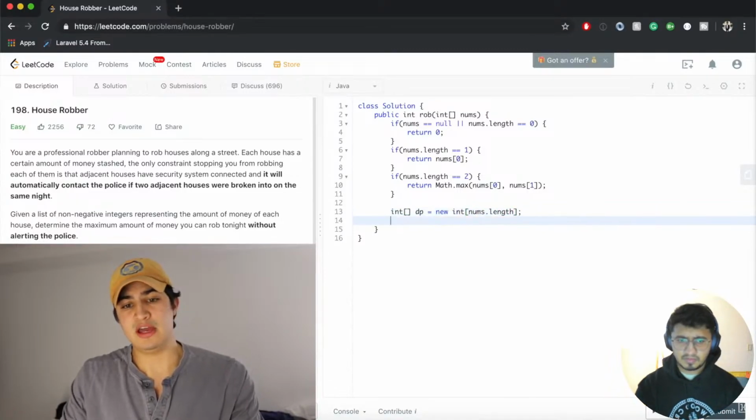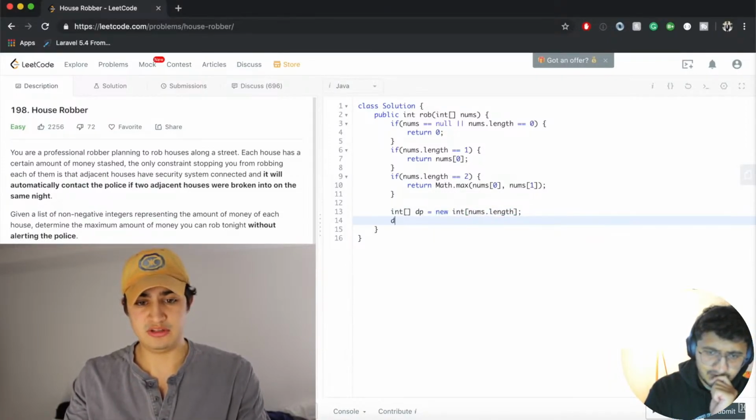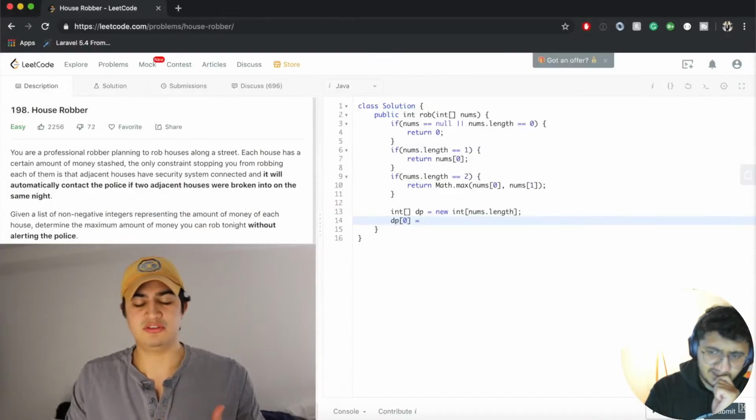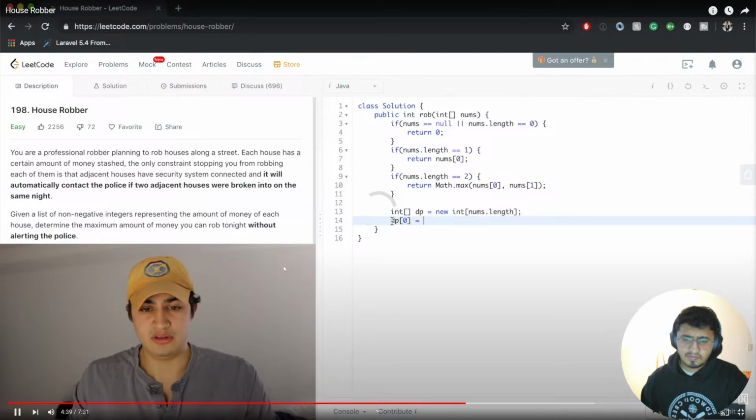And now the amount of money that we can rob up to the first house, so dp[0], is the amount of money that we can rob up to the 0th house, in this case including it.